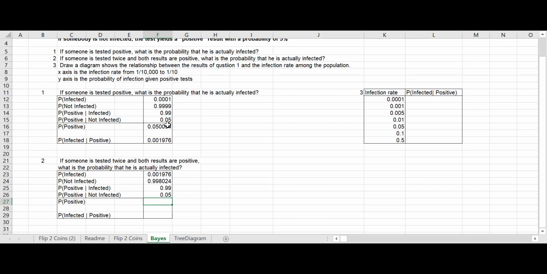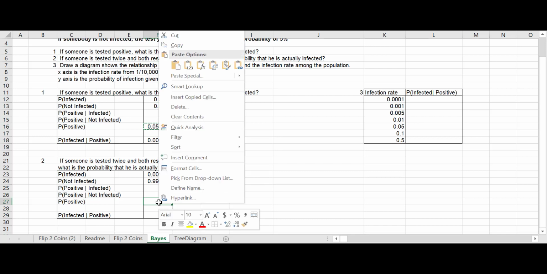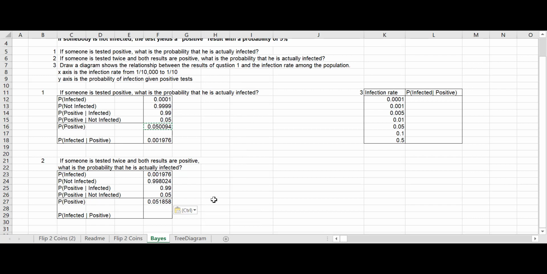And we can also copy and paste the formula here. That's a good thing about this, so I just copy and right click. We want the formula only, so paste formula. In this formula, the positive is: you're infected and test positive, or you're not infected and what's the positive rate? We add together. That's the overall positive.